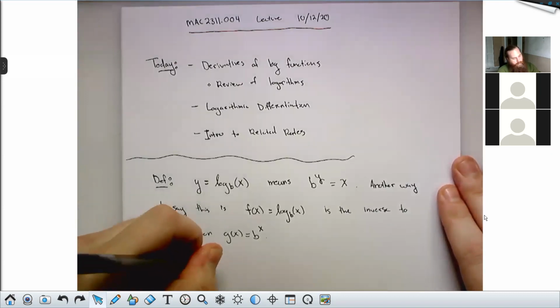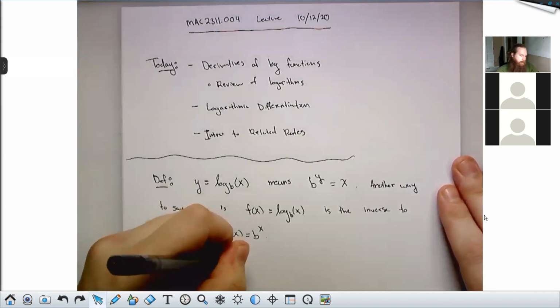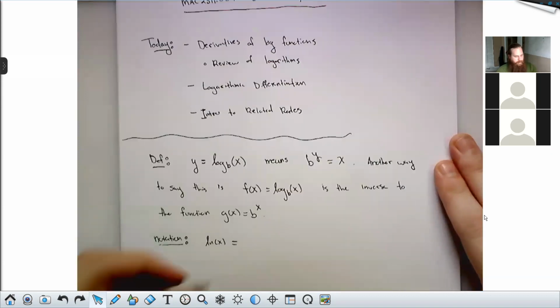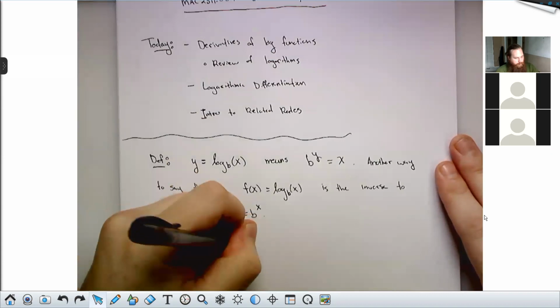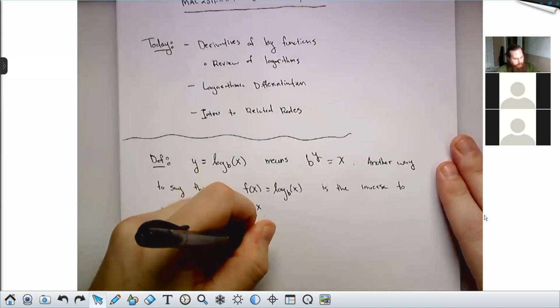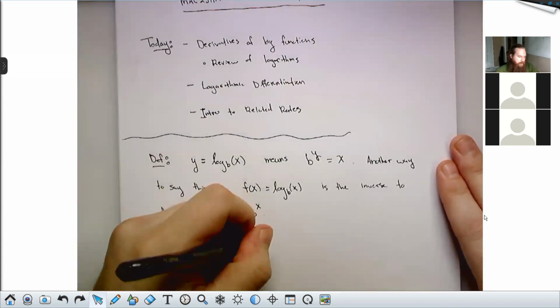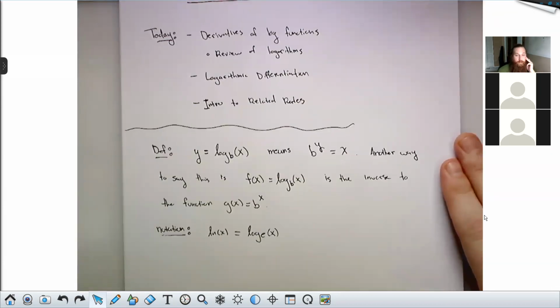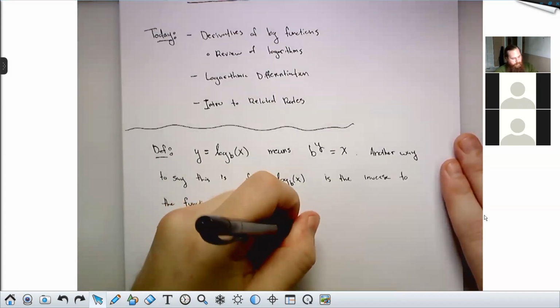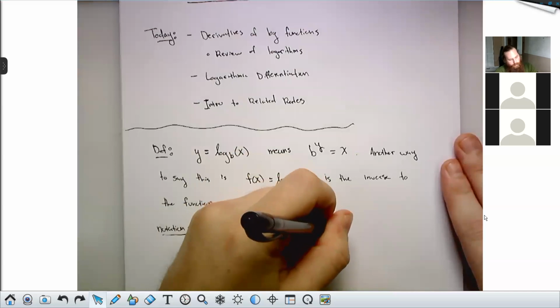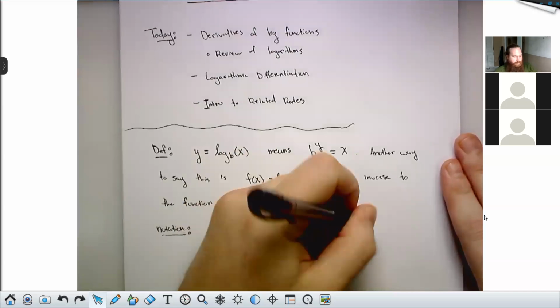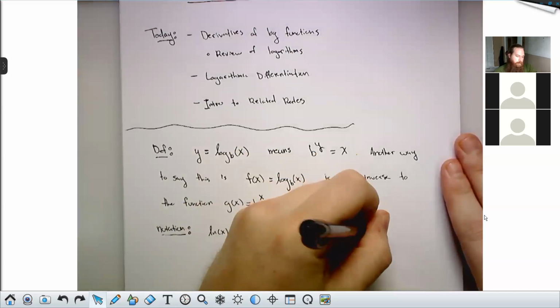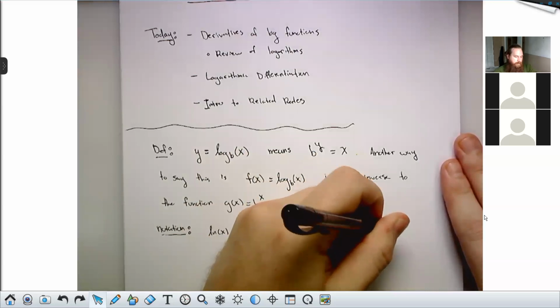The natural log of x, or ln of x, is just an abbreviation for the logarithm using the base e of x, where e, of course, is Euler's number, that 2.718. And log without any base is shorthand for the base 10 logarithm.